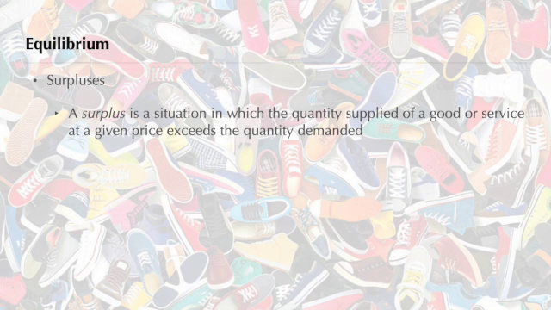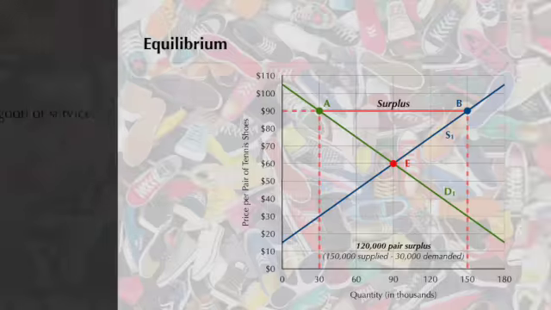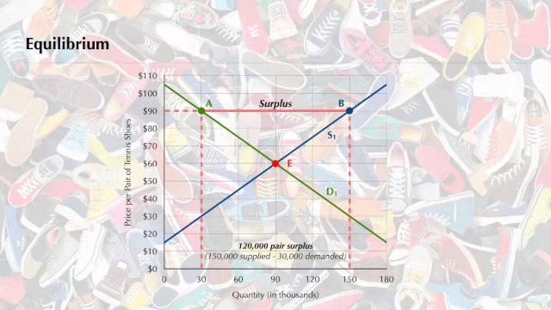A surplus exists when the quantity supplied exceeds the quantity demanded at the price offered. You can see an example of a surplus here. Points A and B demonstrate what happens if producers decide to charge $90 for the shoes.